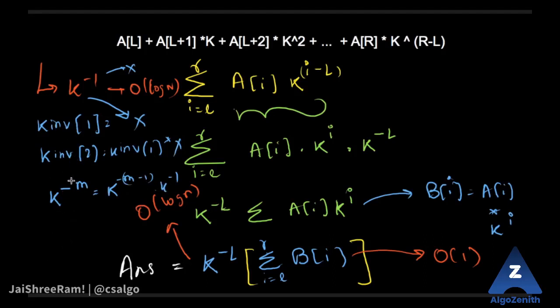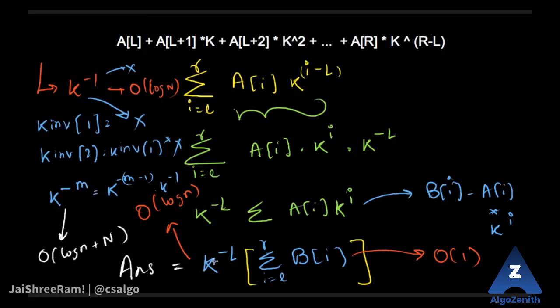So computing this previously before you start any computation will take you order n, right? This order log n is just a one time cost. So order log n plus order n cost to build this k inverse array.